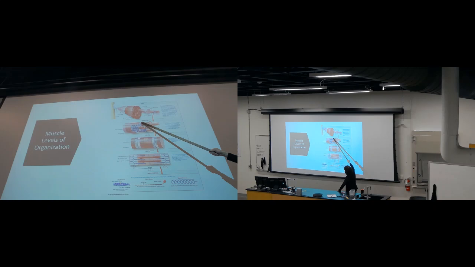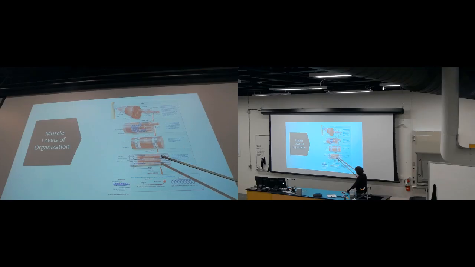And then inside this muscle fiber, we have these T-tubules that are extensions of the sarcolemma, and the organelle that stores calcium, which is the sarcoplasmic reticulum. And these are the myofibrils. The myofibrils are collections of proteins.